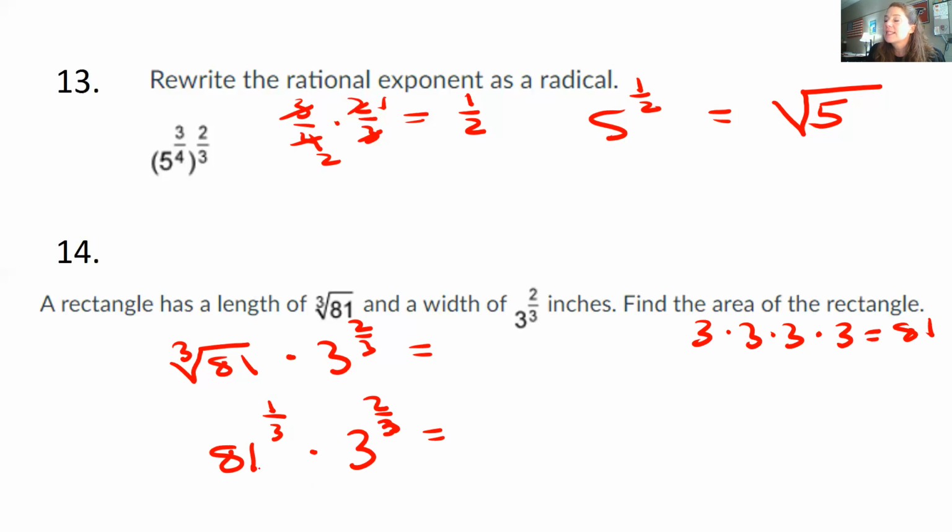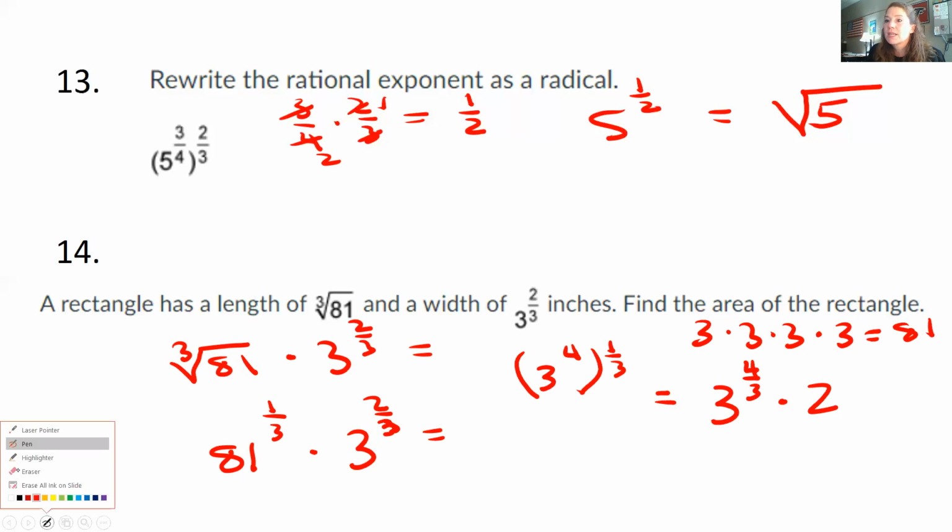So 81 is the same thing as 3 to the 4th power. So 3 to the 4th power raised to the 1/3. So I have a power raised to a power, so I'm going to multiply those exponents. So I'm going to multiply 4 times 1 is 4, and 3 times 1 is 3. Uh-oh, that should be a 3.